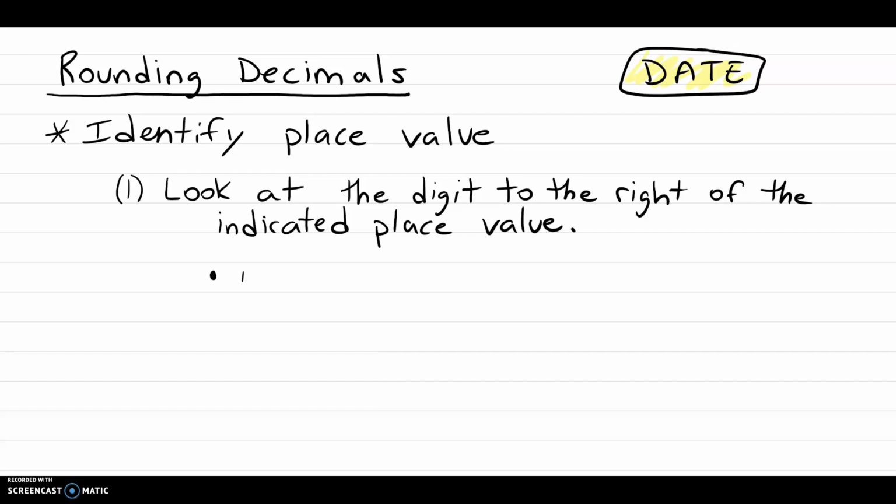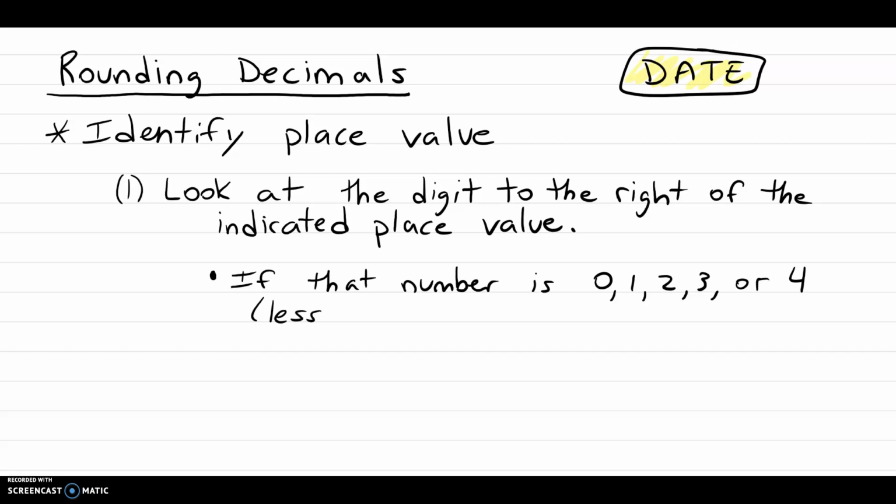If that number is 0, 1, 2, 3, or 4, so numbers that are less than 5, do not round up. So the number stays the same.